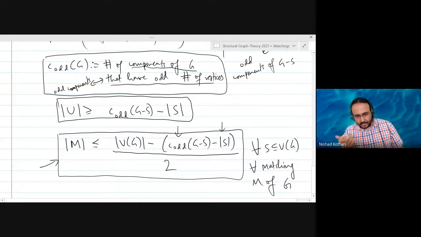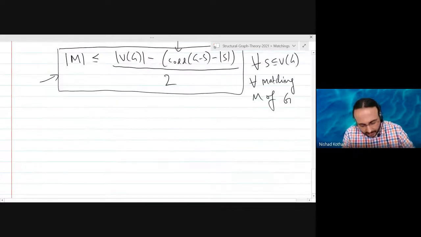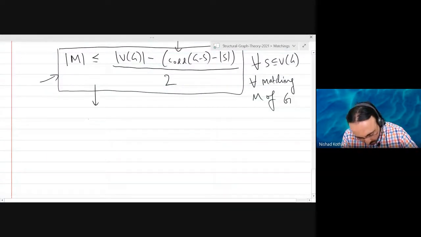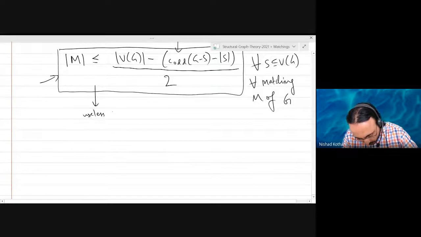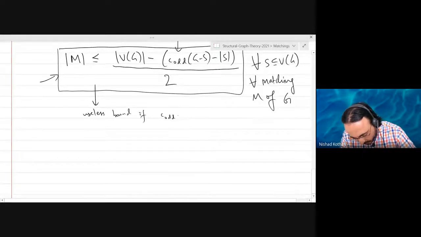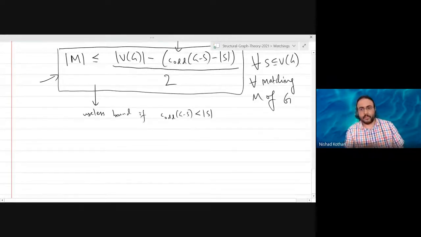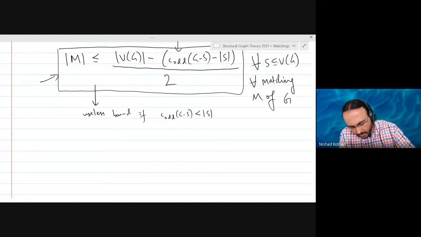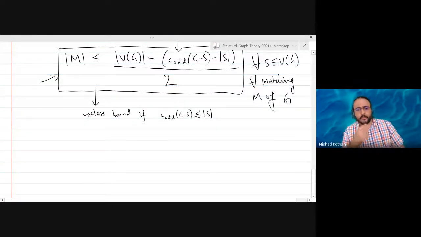So it's just telling you that the size of the maximum matching is at most the number of vertices divided by 2, which you already know, right? So this could be a completely useless bound. Let me just say it's a useless bound if the number of odd components is less than this. In fact, even if it is equal, it doesn't tell you anything interesting.